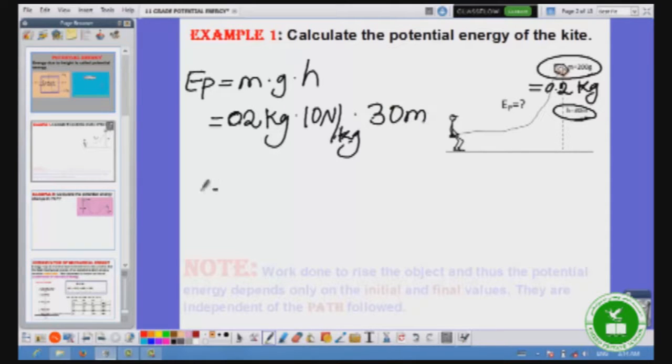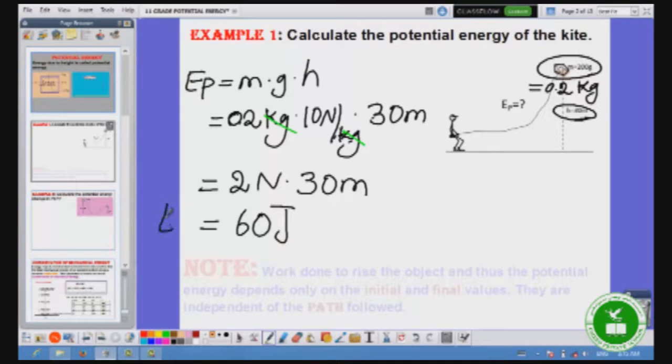Okay, now kilogram, you see kilogram cancels, the remaining terms will be 0.2 times 10 which is 2 Newton. Here we have Newton, times 30 meter, and finally it becomes 2 times 3 is 6, and becomes finally 60 Newton times meter, joule.